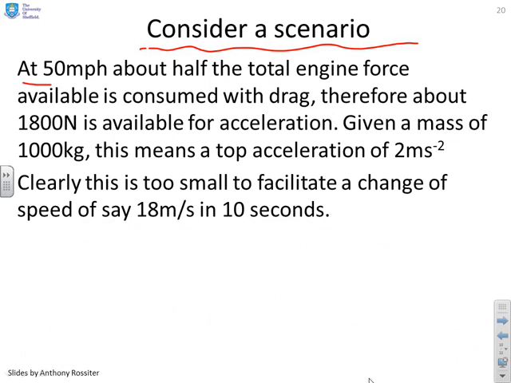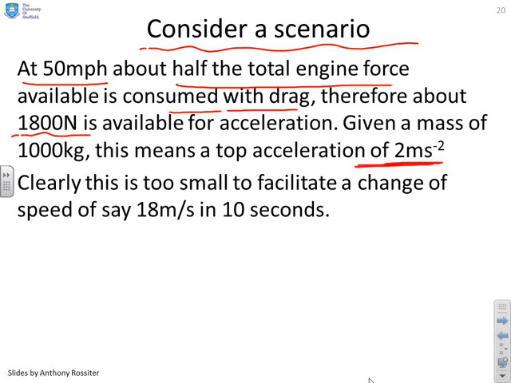If you were at 50 miles an hour, about half the total engine force is already consumed with drag, and therefore you've only got 1800 newtons left for acceleration. And what that means is the maximum acceleration you could get at 50 miles an hour is about 2 meters per second squared, not 3.5 or 4 meters per second squared.